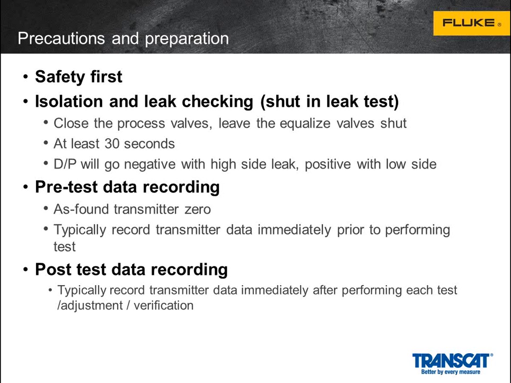One quick note here: there are certain documenting process calibrators that will do all of this recording for you automatically. Fluke does make one, and there are other manufacturers that make them as well. These give a couple of advantages. One is that you don't inadvertently skip any steps in the procedure.